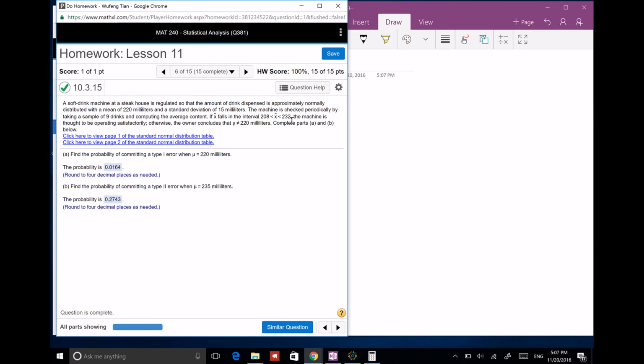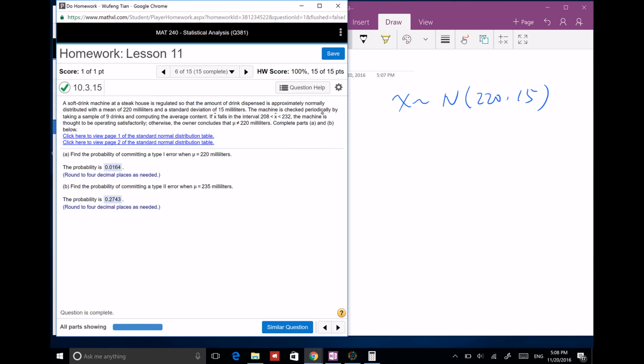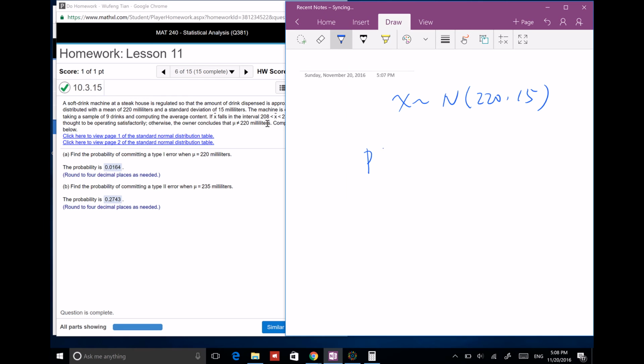It gives you x is a normal distribution with mean 220 and standard deviation 15, and the machine is checked by 9 drinks. So the first one is the probability of x less than 208 plus the probability of x bigger than 232. This is rejection, alpha is rejection.